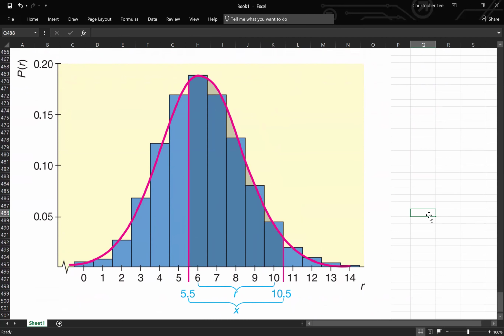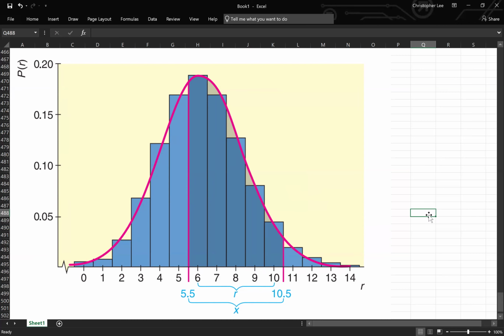But I want to cover all that area, so I have to subtract 0.5, bring it back to where the end of the bar is, and add 0.5 over here to bring it to where the end of the bar is. Then now I've corrected the continuity and I can find the area that I'm looking for.